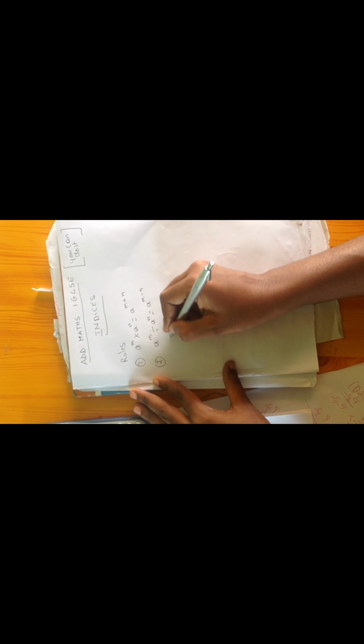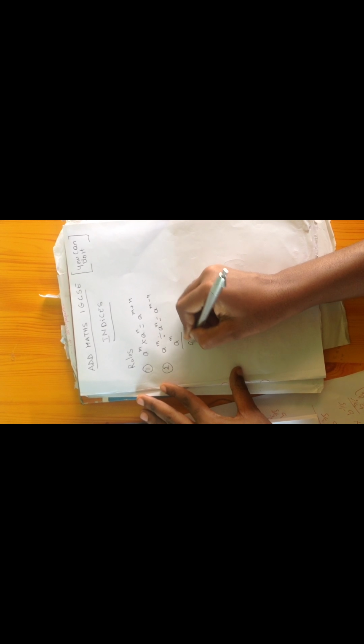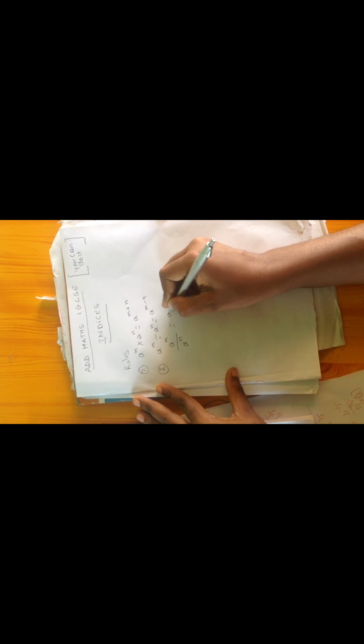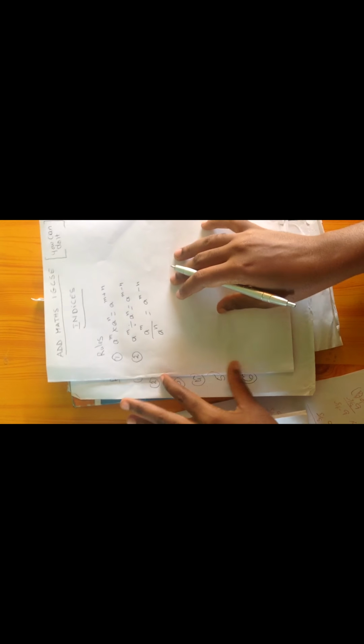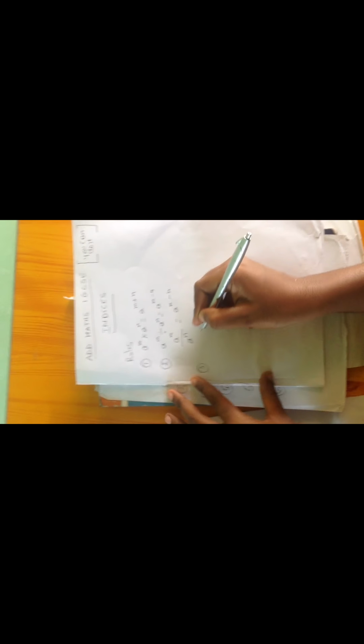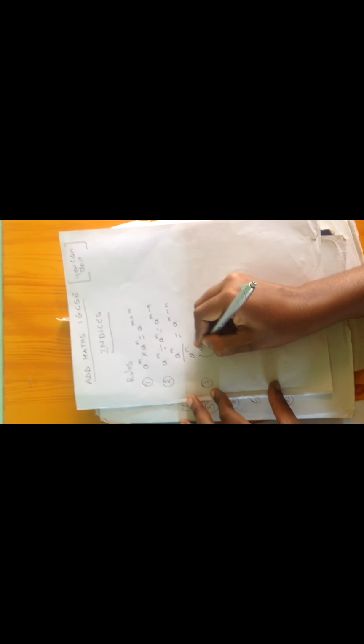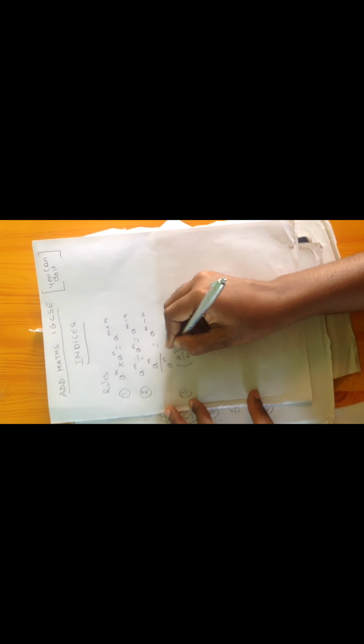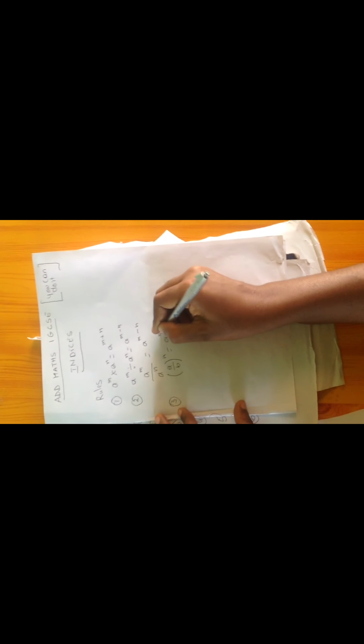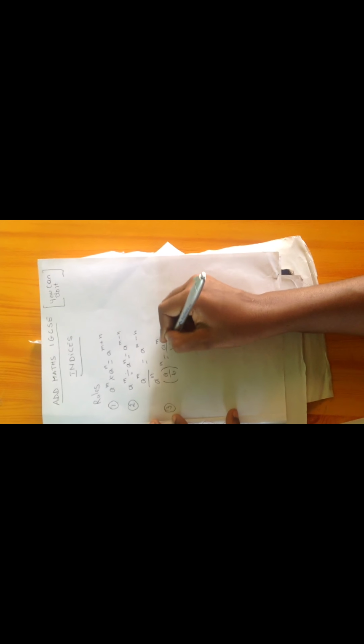Somebody may not like this, but it is the same thing as a^(m-n). You must know that. The third one: when you have a^m over b^m, it is the same thing as (a/b)^m. You must know all these ones.